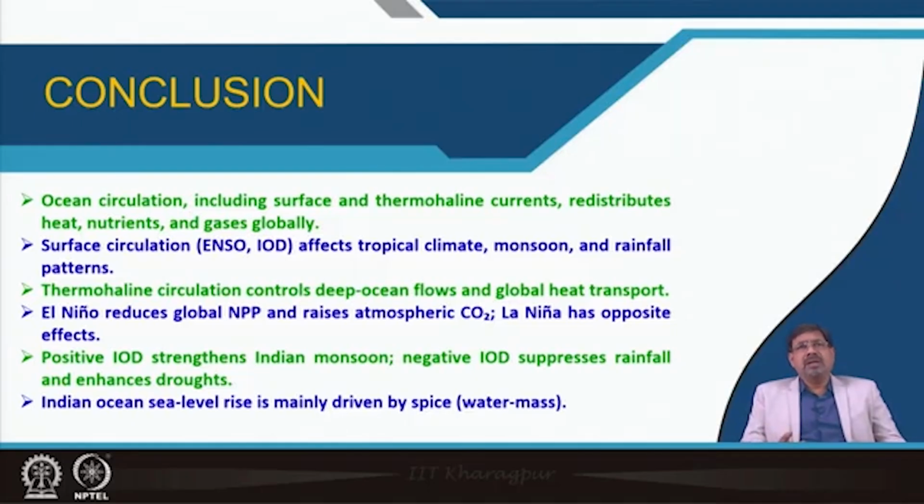Positive IOD strengthens the Indian monsoon, whereas negative IOD suppresses the rainfall and enhances drought. This is very important in understanding the oceanic phenomena as far as the Indian subcontinent is concerned.